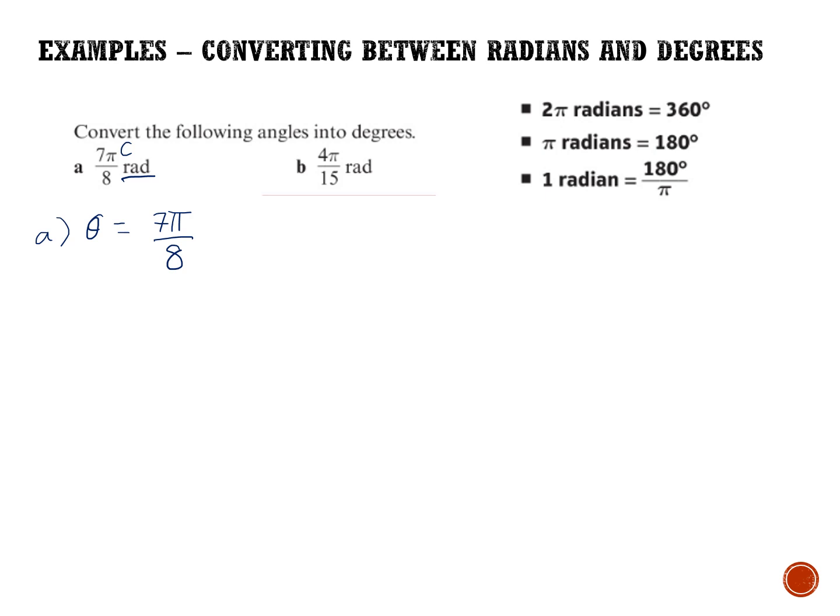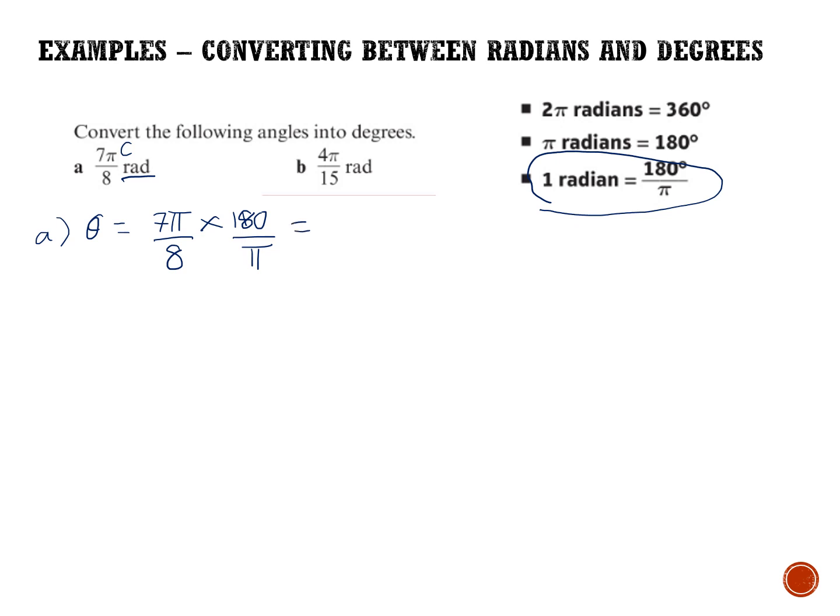Okay, to convert that to degrees we're going to use the fact that 1 radian is 180 divided by pi. So I take that and multiply it by 180 divided by pi, and that's going to give me my number of degrees.